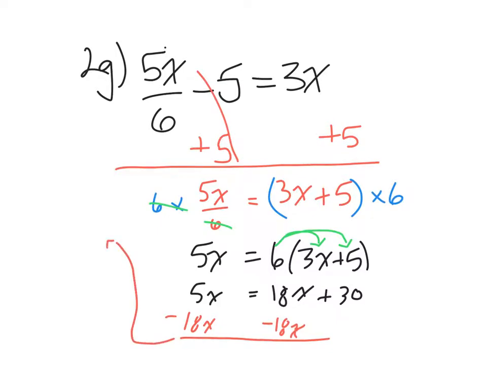So I know that 5x subtract 18x gives me negative 13x. So I would write negative 13x.